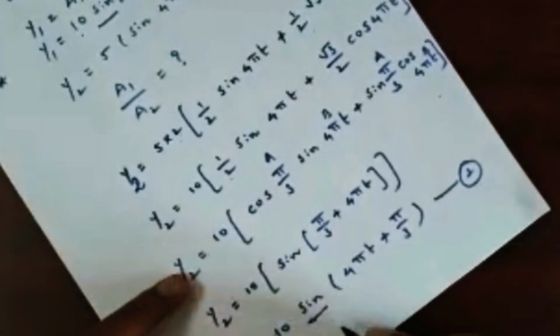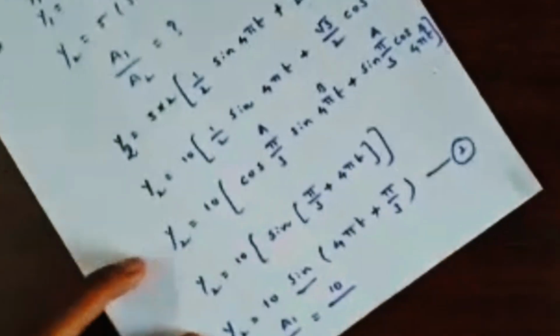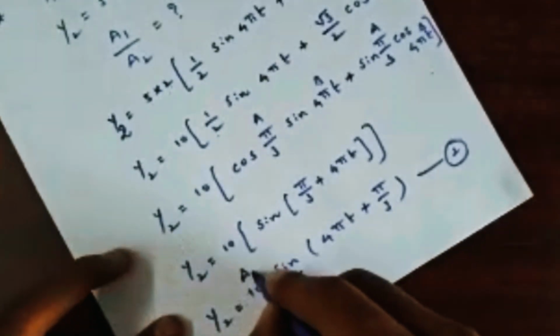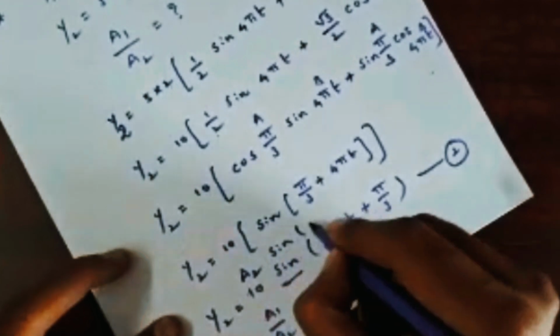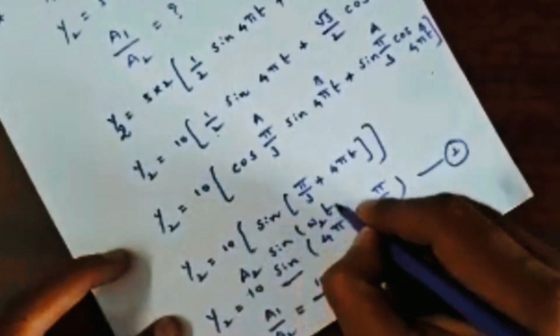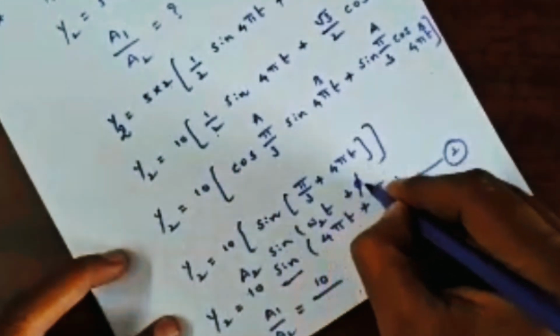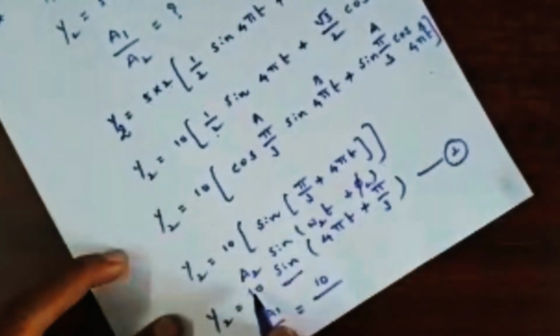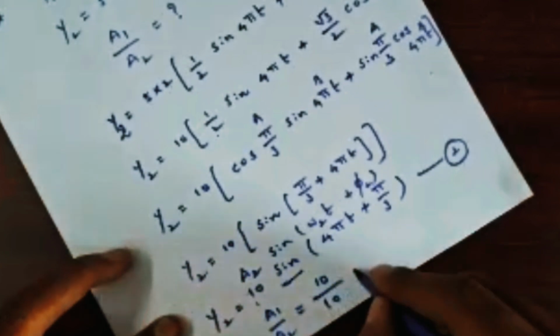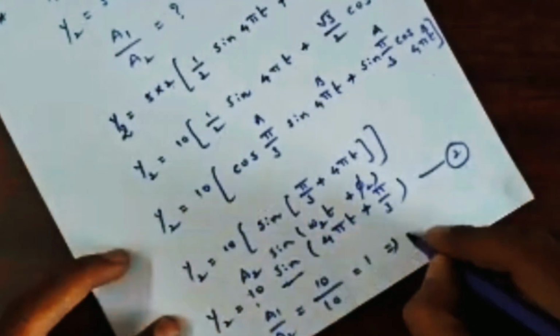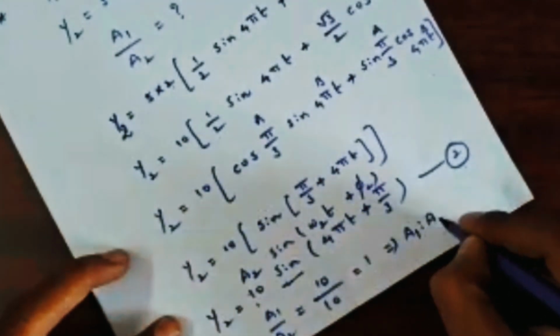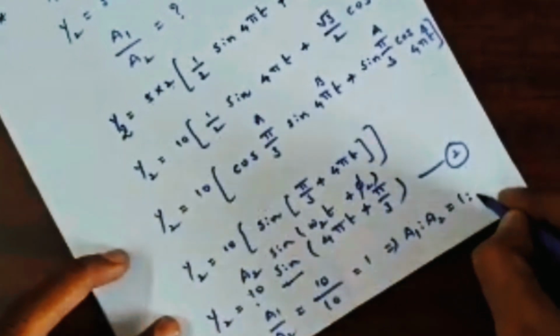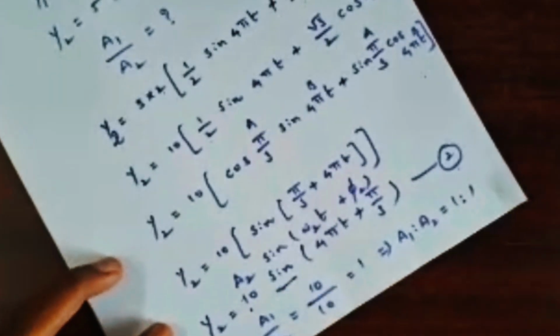So A1 I am taking as 10. y2 is equal to A2 sine of (omega t plus phi 2). What is the value in the place of A2? A2 is 10. So 10 by 10 is equal to 1. It means the ratio of amplitudes A1 is to A2 is 1 is to 1. Like this, we can solve the problem.